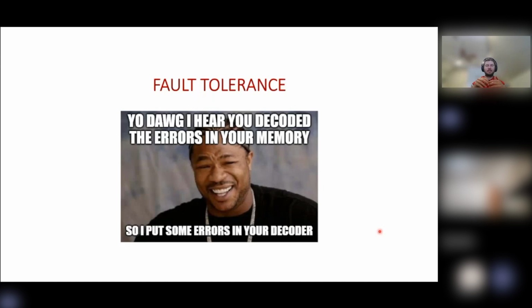But in quantum, you're effectively approximating a continuous unitary evolution, so you have to be a lot more precise, and quantum systems are fragile. You're dealing with a continuous parameter family of gates that you're trying to implement. So you do have to worry about fault tolerance a lot more.